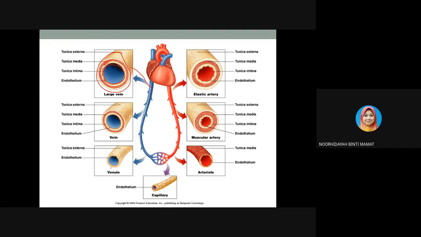While the venules only consist of the tunica externa and endothelium, the blood capillary only contains the endothelium. The arteriole only consists of the tunica media. While the muscular artery and the elastic artery consist of all the structures of the walls of the blood vessel, which are the tunica externa, tunica media, tunica interna, and the endothelium.